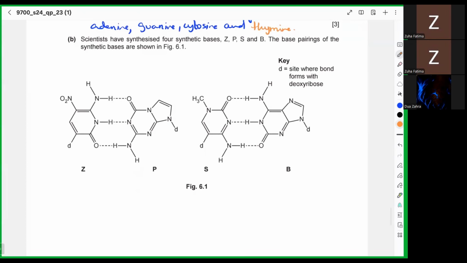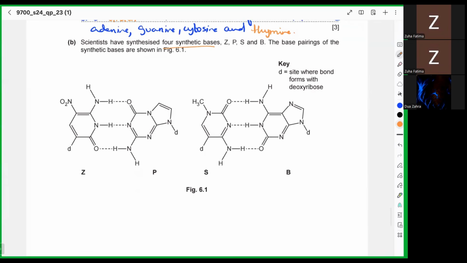Scientists have synthesized four synthetic bases Z, P, S, and B. The base pairings of the synthetic bases are shown in figure 6.1. Synthetic का मतलब है artificial है. They're not organic or naturally found bases. ये laboratory में synthetically बनाई गई हैं. So एक हमारे पास ये base है.